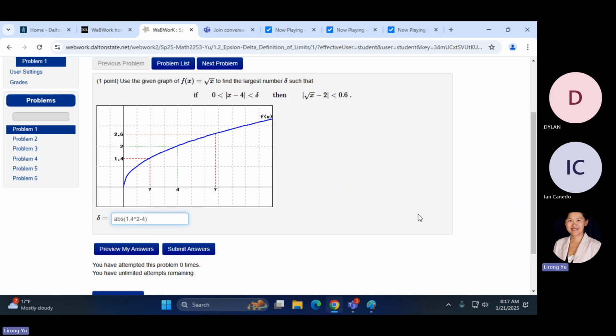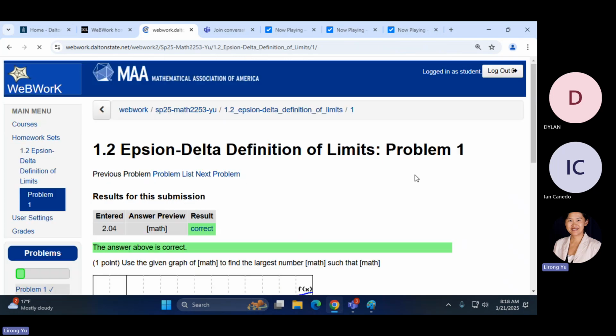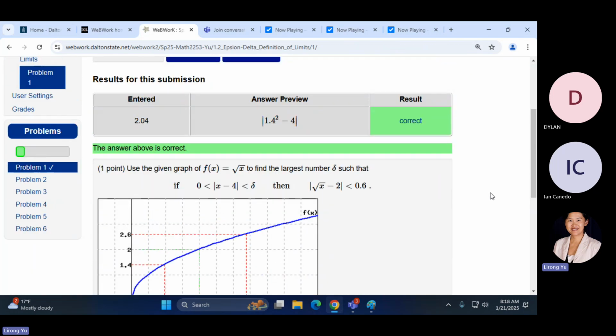Let's see if that worked. ABS stands for absolute value. If you don't want to use that, there's a keyboard symbol that looks like the absolute value symbol. I think that also works for absolute value of a number. Okay, so that will be the answer.